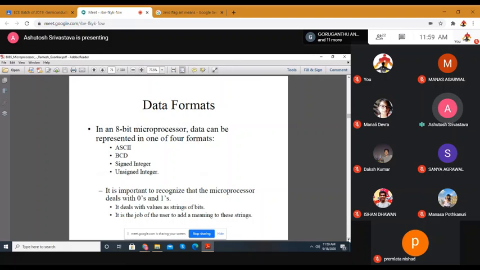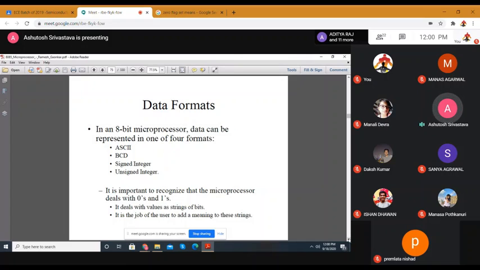So I think you must already know in what all formats your data can be represented, which you may have done in your previous digital logic or digital electronics class. You can have it in the ASCII format, the BCD format, or as a signed integer or an unsigned integer.